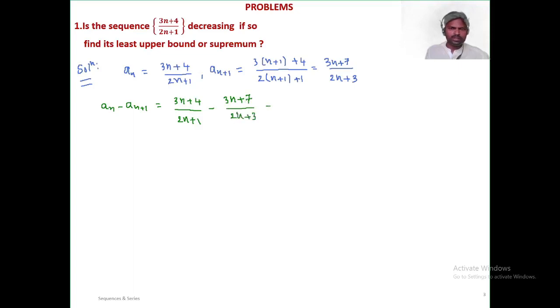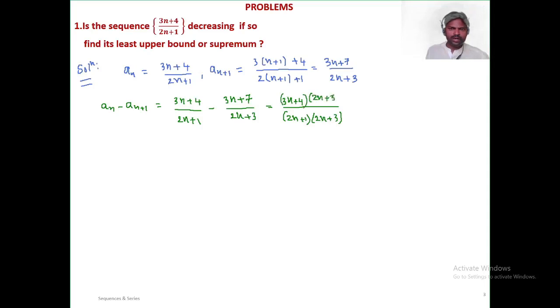Now find the LCM. What is the LCM? 2n plus 1 into 2n plus 3. This is the LCM, and do the cross product. So 3n plus 4 into 2n plus 3 minus 3n plus 7 into 2n plus 1.